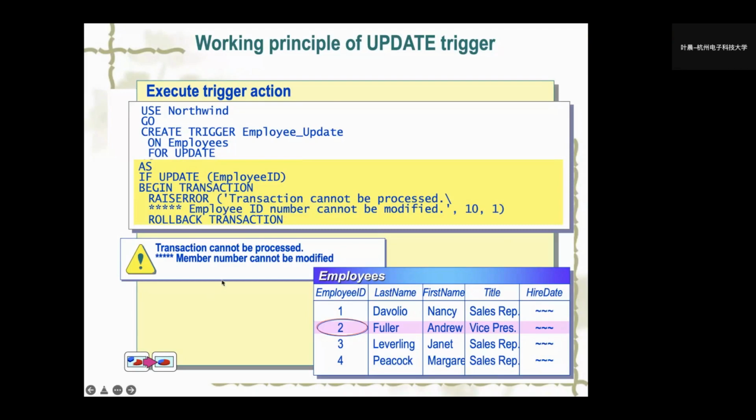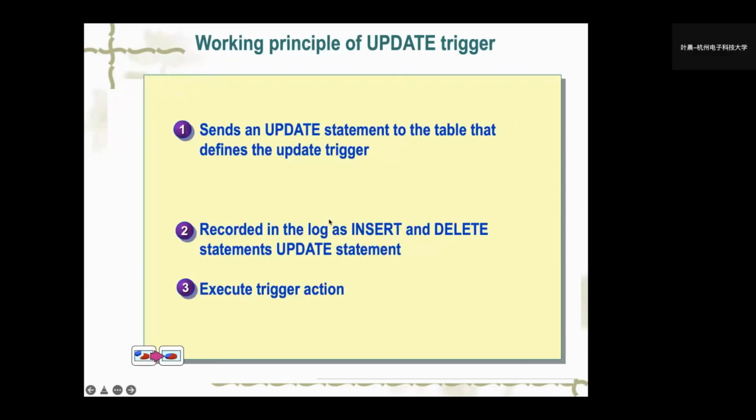We use this trigger to make sure that you can't revise the employee ID in the employee table. So the procedure is to send an update statement to the table that defines the update trigger, record it in the log as insert and delete statements, and then execute the trigger action.